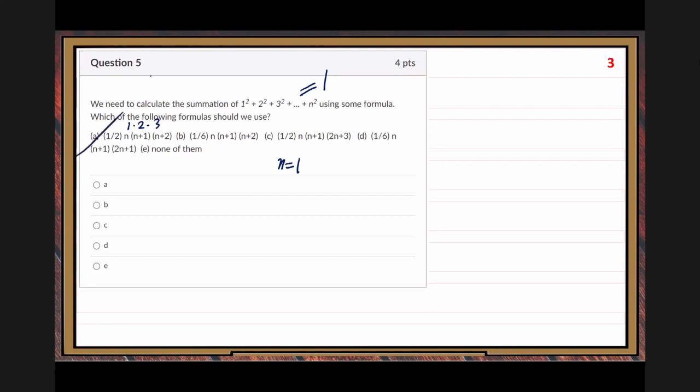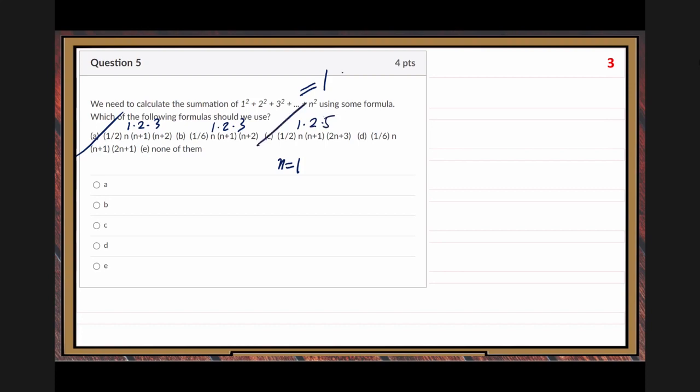So A is gone. Plug in B: 1, 2, 3, then multiply by 1/6, so it's 1. We leave that there temporarily. C, 1/2 times 1, 2, 5, after cancellation, 5.